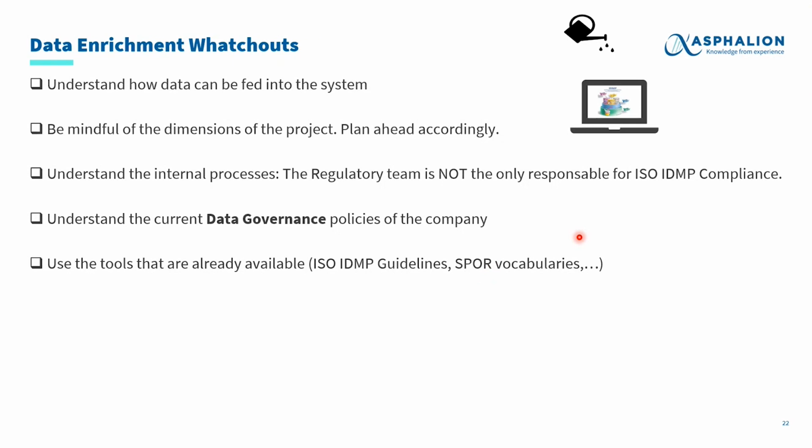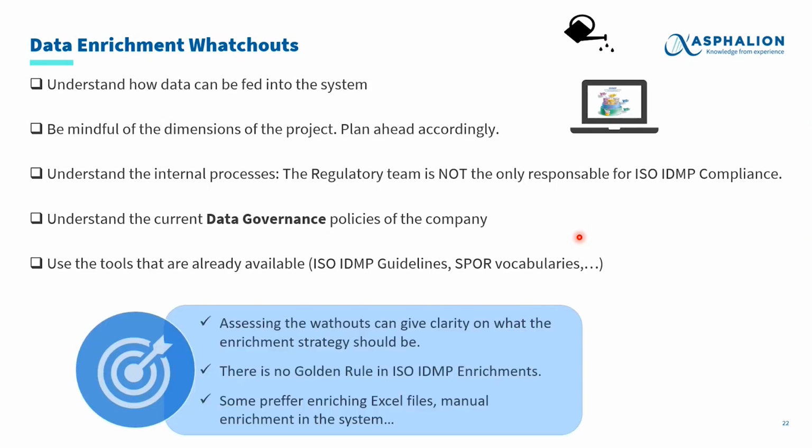So using this in your favor will help you a lot for any ISO IDMP enrichment project. Then, by assessing all these watchouts, we will have clarity, and then we will be able to have a successful enrichment strategy, and at the end, a successful project.